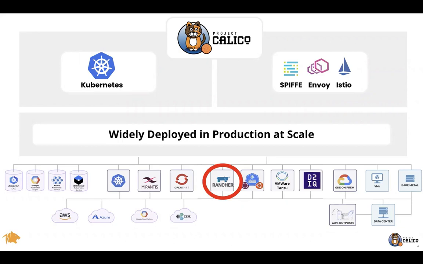And of course, we can run Calico anywhere on upstream Kubernetes and on various distributions of Kubernetes. For our topic today, we'll be focusing on how you can run Calico and the best practices around that with Rancher, whether you're running it on-prem or in a hybrid environment, and so forth.